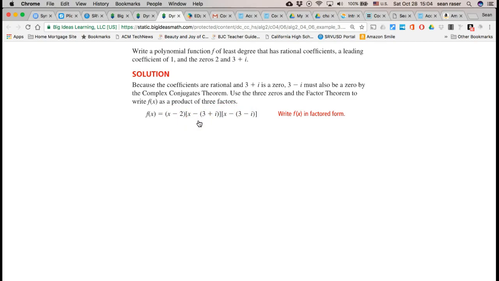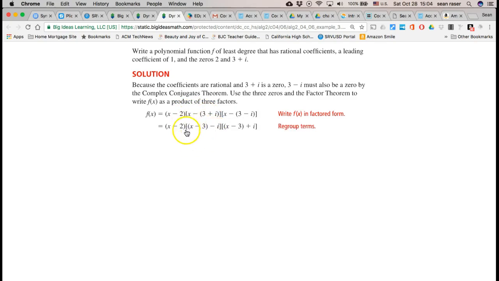Now, remember, I showed you that shortcut on Thursday to multiply these two together, your x minus 3 plus i, x minus 3 minus i. You can use that same shortcut as far as rewriting your parentheses to make it a difference of squares problem. So let's go through and do that.